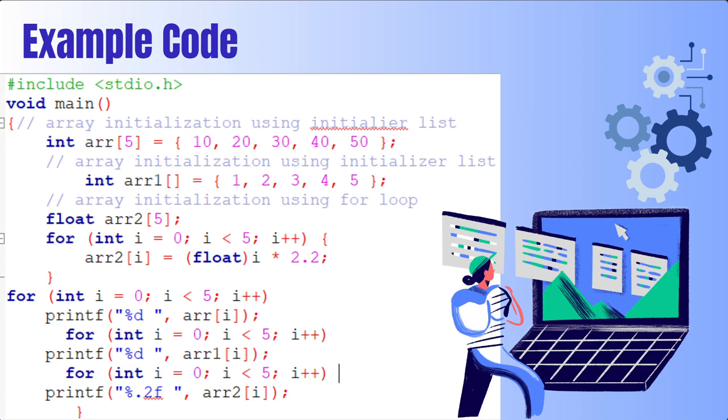So we need to typecast the value of i to float in this case, because multiplying the integer i with 2.2, a floating point value, is not possible. We need to manually typecast the value of i from int to float in this particular program. This is basically called typecasting. Next we have the for loop i equals 0, i less than 5, i plus plus, which is the loop for printing. Next, moving on.